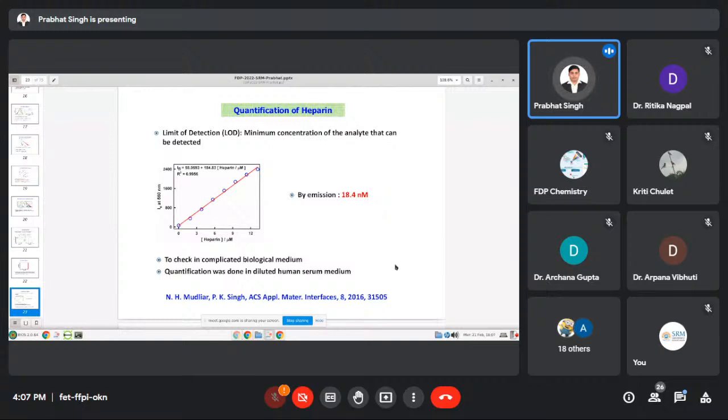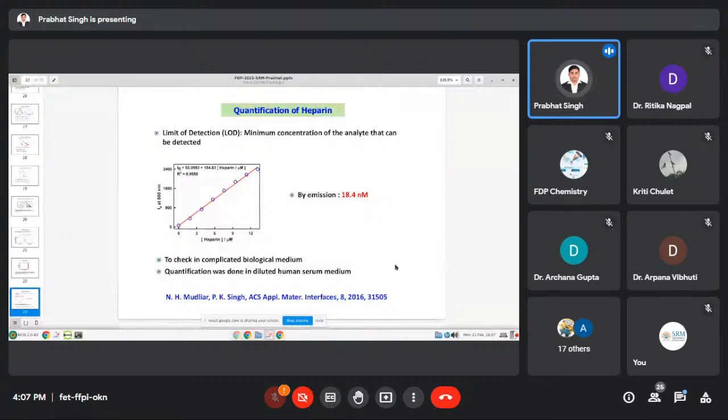Everything is good in water and buffer. Real matrix, real problem, real challenges, and that is where all of the people working in the sensor area are right now, I would say, struggling. This struggle has been long existing, but still, you have to really find something which can actually work in the real serum matrix.